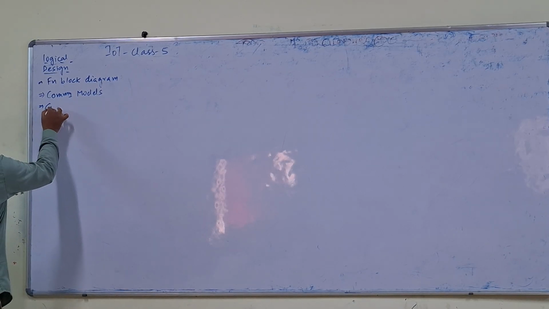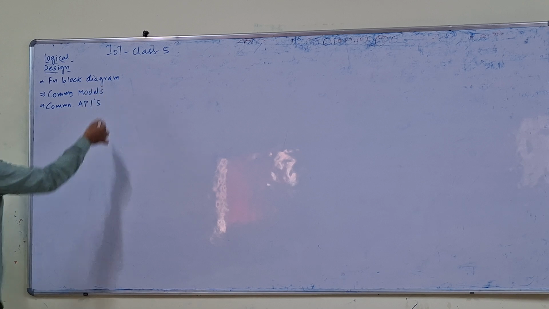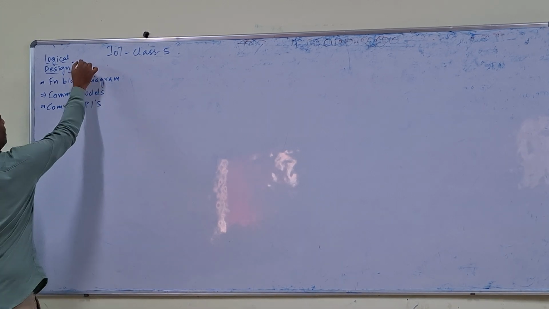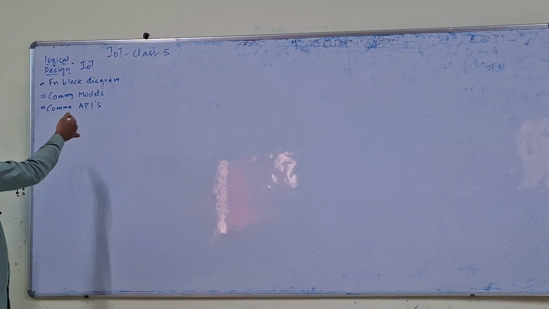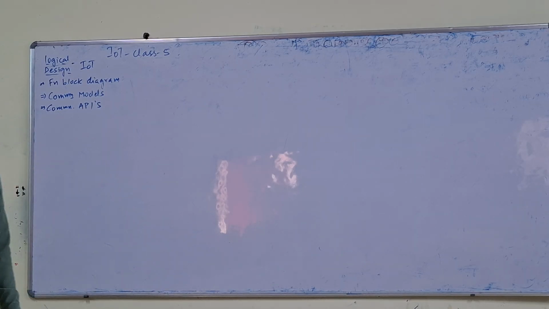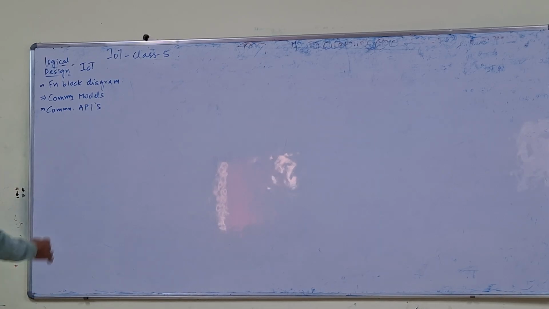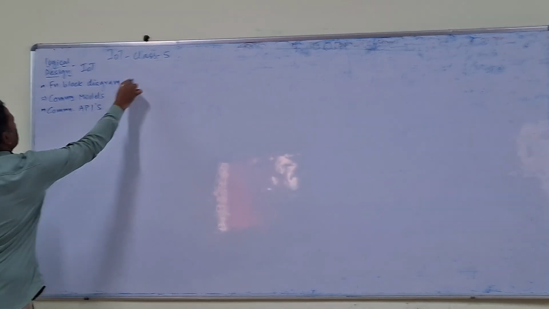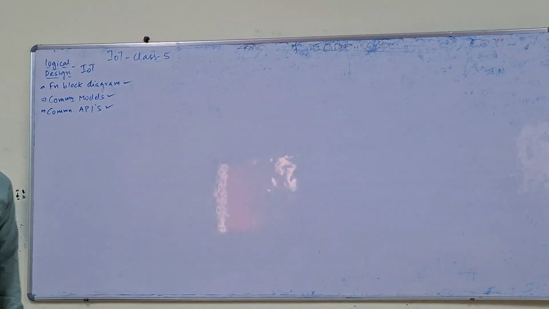Then we have communication APIs used for IoT. IoT logical region: functional block diagram for IoT, communication models for IoT, communication APIs for IoT. So we have discussed this. Today, let us discuss communication APIs.